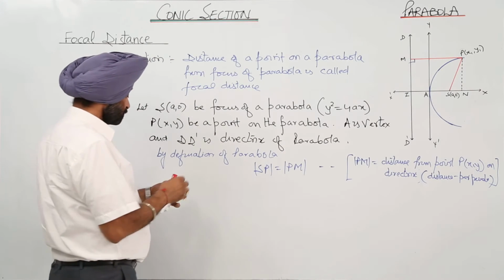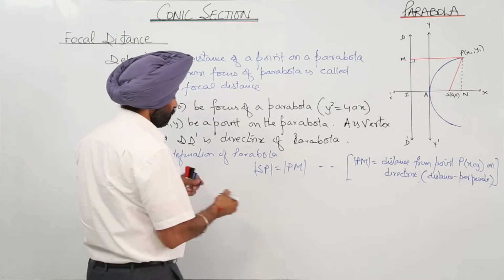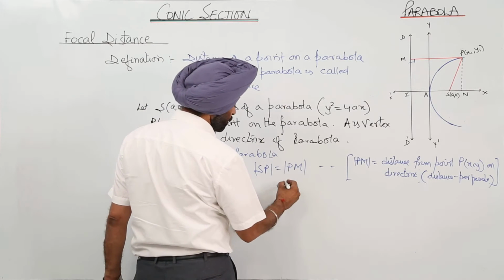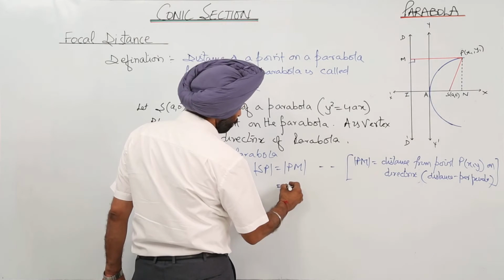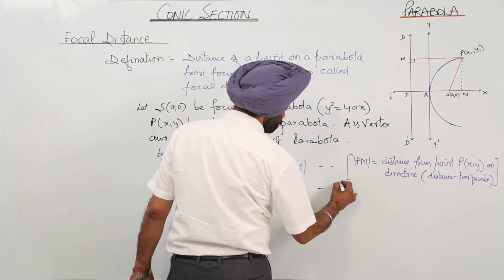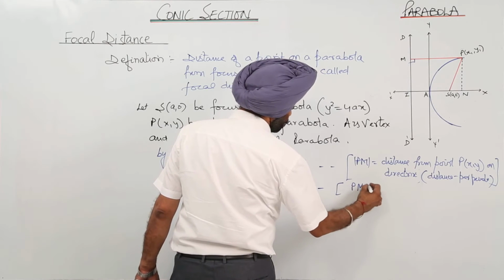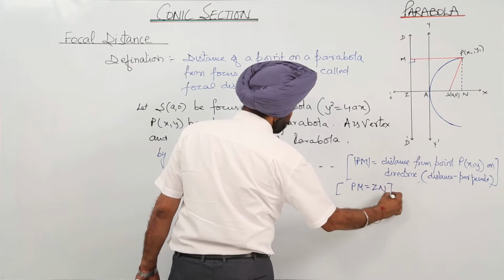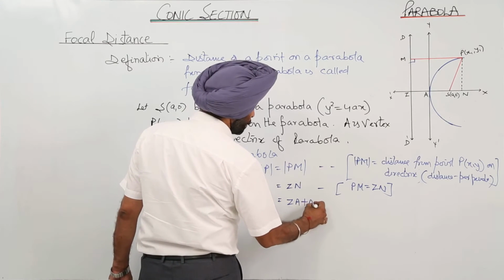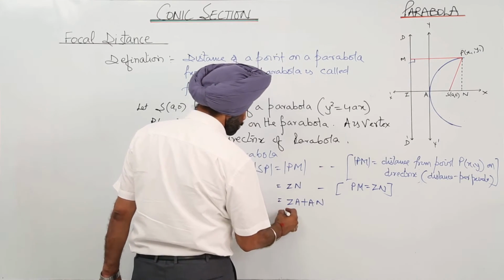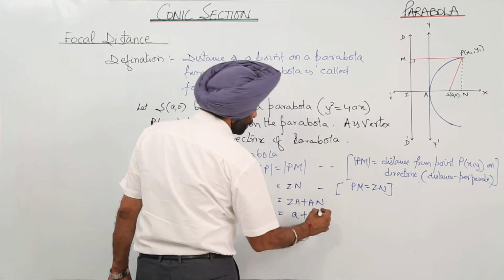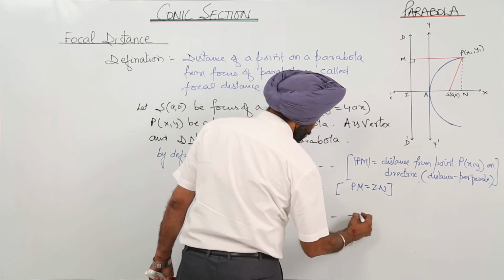So now to this what we can write? PM, from the figure we are having, PM is equal to ZN. PM is equal to ZN, and ZN is equal to ZA plus AN. ZA is what? It is a, and AN is x1.